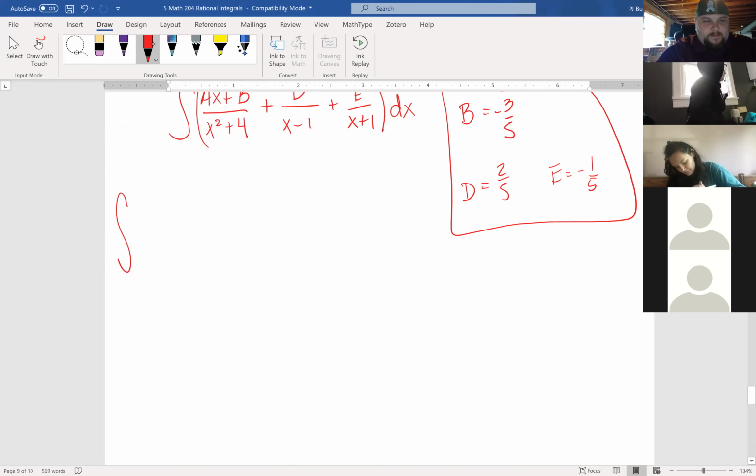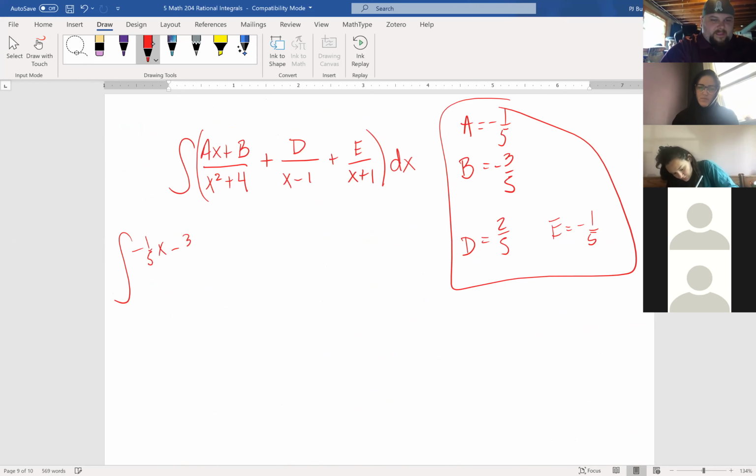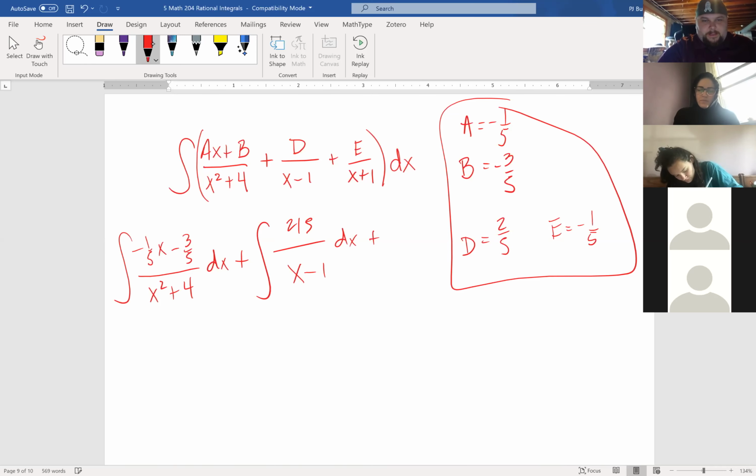So integrate. I have Ax. A is negative 1/5. B is negative 3/5 all over x squared plus 4. D is 2/5. And E is negative 1/5.